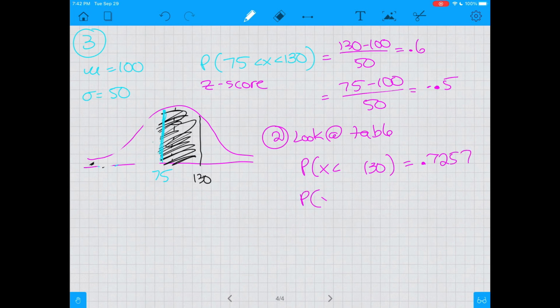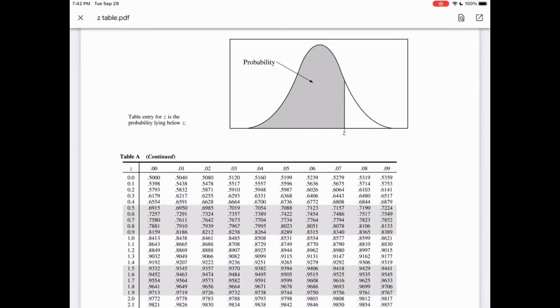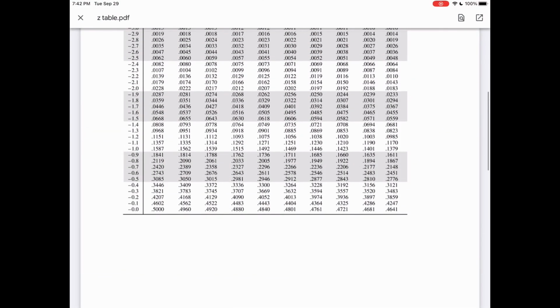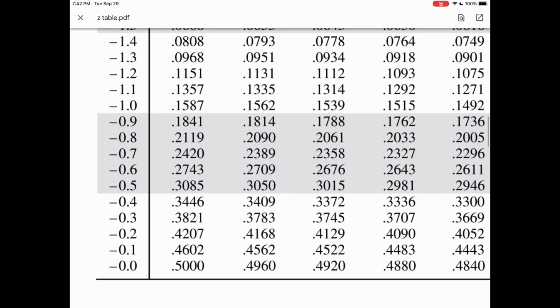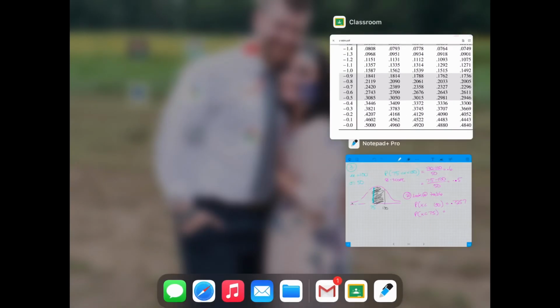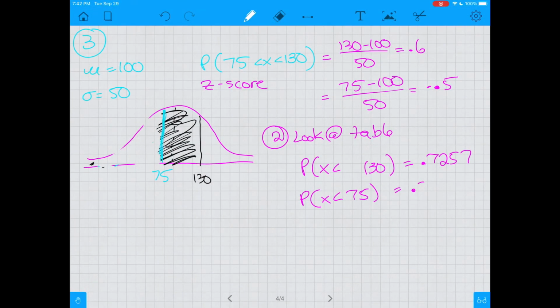And the probability that x is less than 75, when I look that up, I have to go to the first page, because it's negative 1/2. That's 0.3085. So now all I have to do is subtract these two numbers.